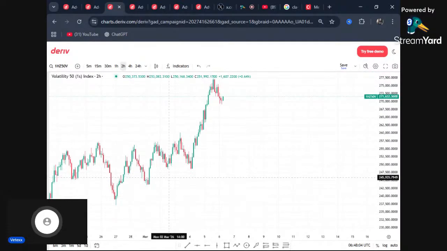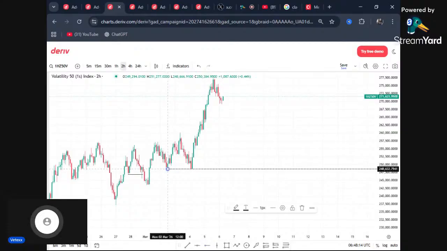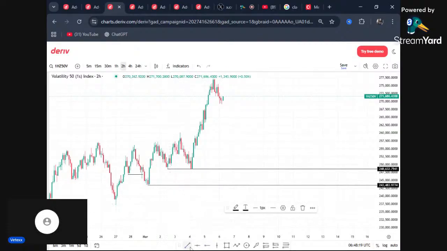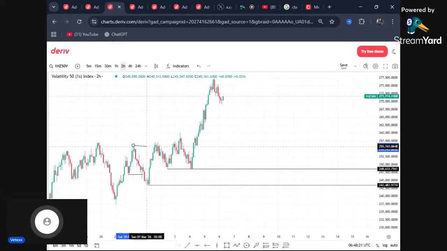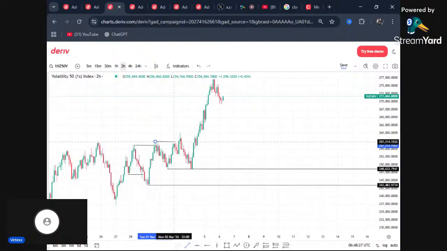On the 2-hour time frame, what do we have? Clearly you can see we have a sweep of liquidity, which is here, and we have structural liquidity here, and we have a protected low. This way is our first break of structure, and here is the second break of structure.